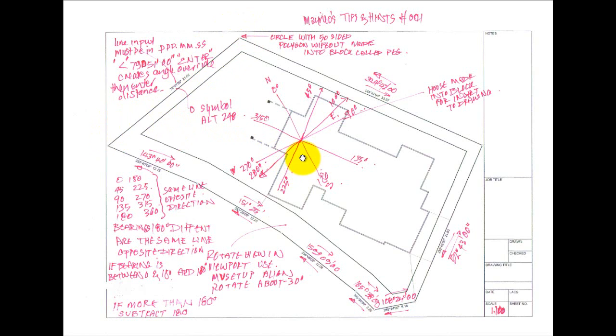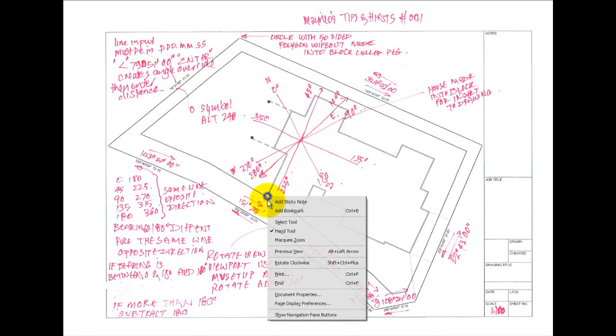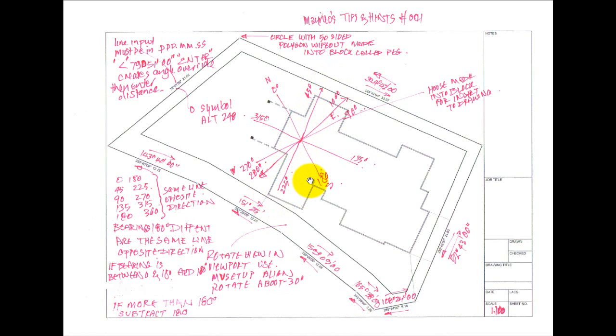You can see here in this diagram that 79 degrees 51 would be up through there between north and east, and 259 51 would be down here somewhere between south and west. It's the same line, it's just in the opposite direction.